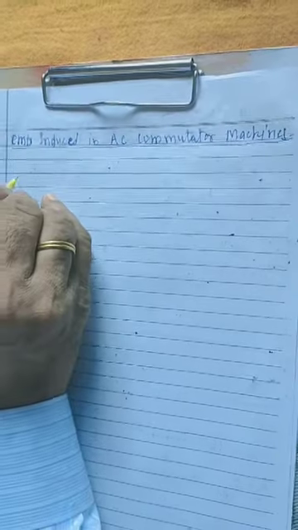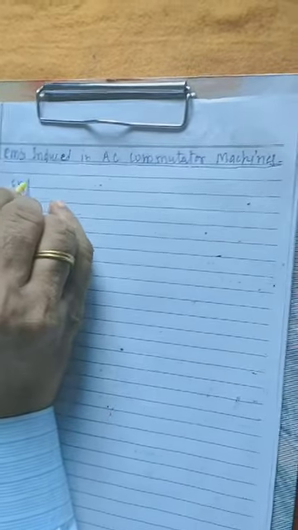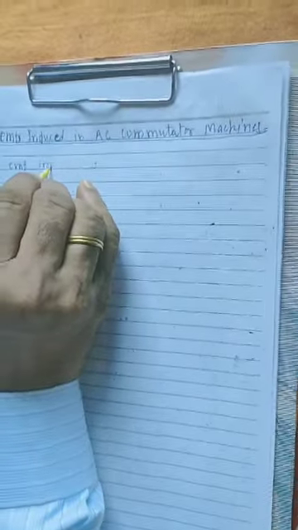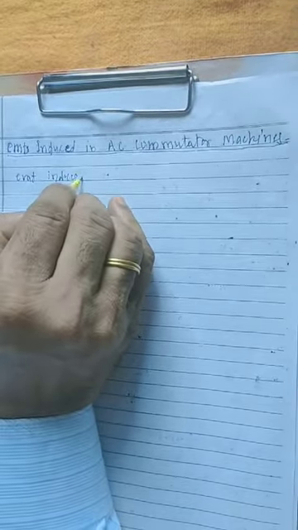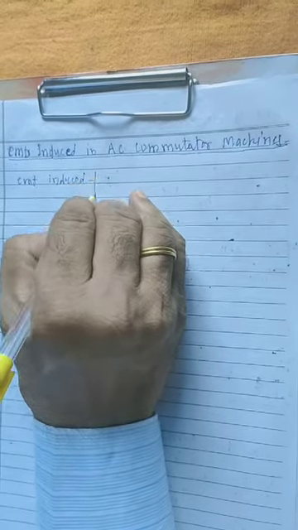So before going, we have to study the EMF induced in the AC commutator machines. EMF induced in an AC commutator machine is generally of two types.